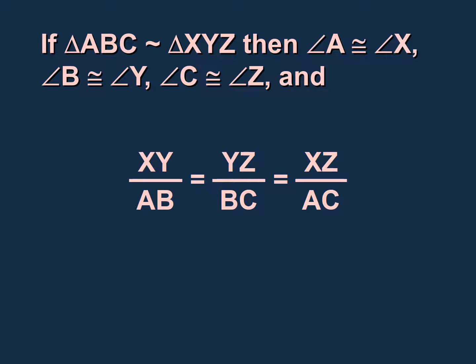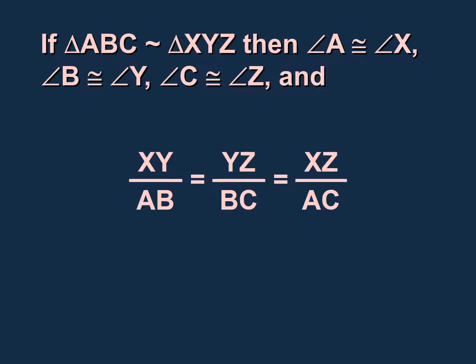So for example, the side that is between X and Y over the side that's between A and B. So again, the side between X and Y over side AB is equal to the side between Y and Z over the side BC, so the side between B and C. So again, it's just a proportion. So you have this ratio.